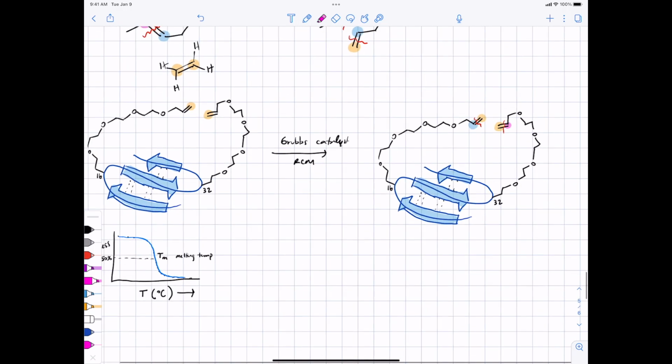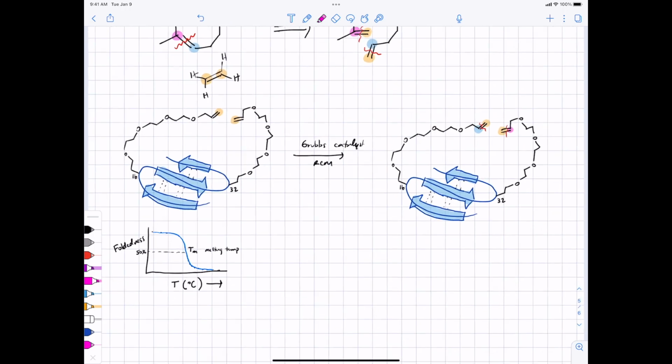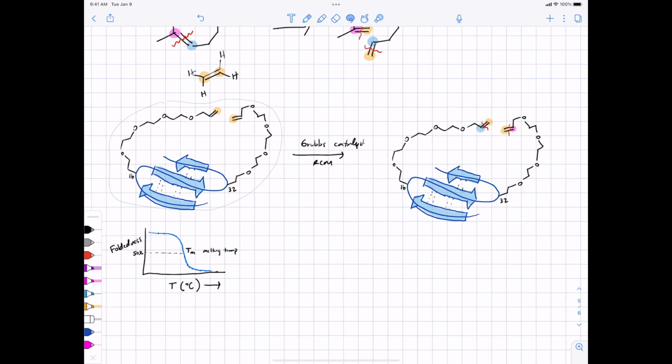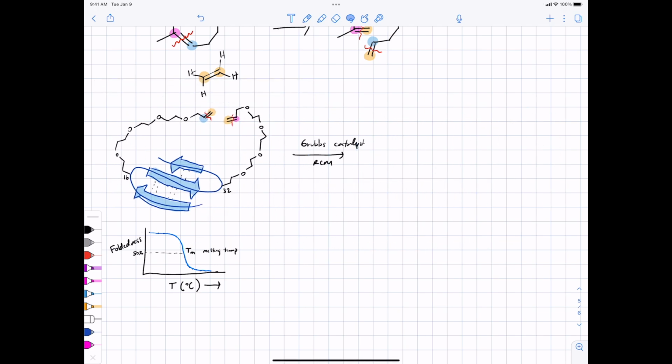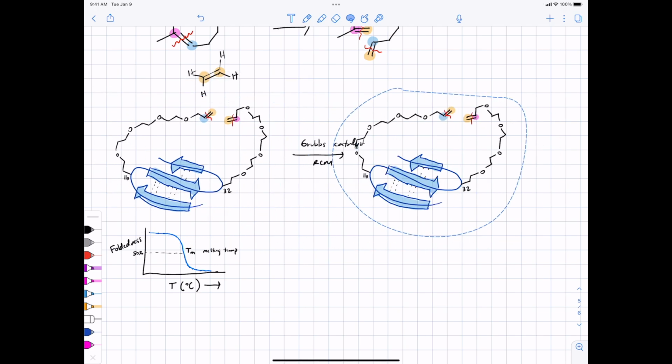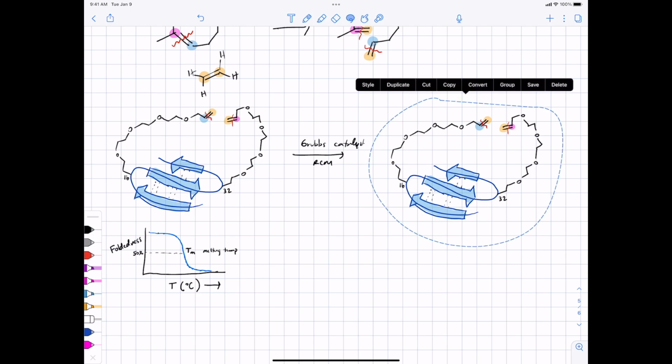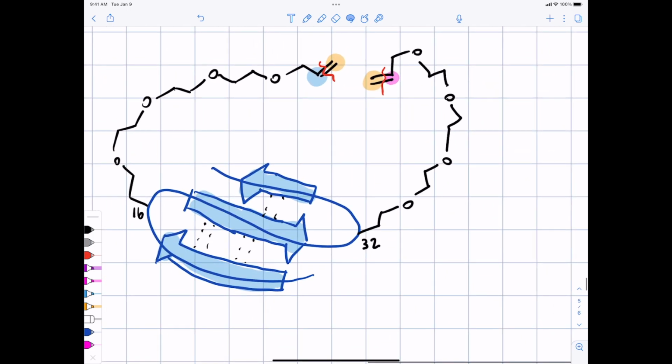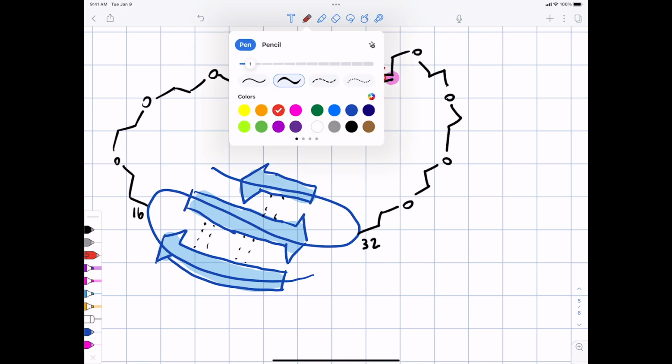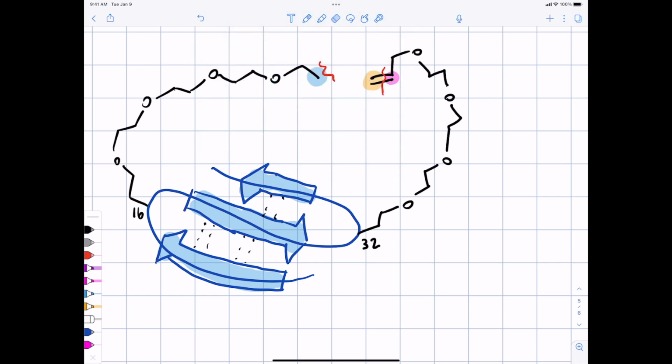So, actually, I'm just going to put that here and paste that here. So the ethylene, oops, yikes, the terminal carbons go away. And it's these two that get bonded to each other.